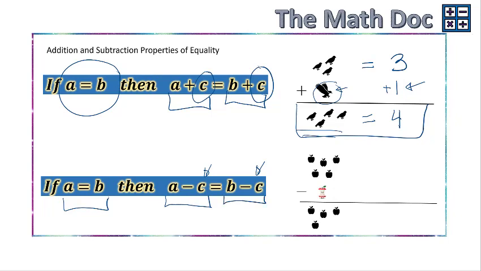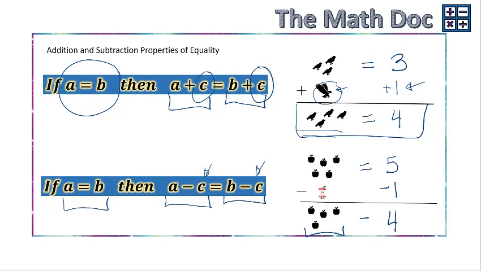And here again, we have a demonstration with items. So here we have 1, 2, 3, 4, 5 apples. So let's write the equality. The apples equal 5. Now someone came and ate 1 apple here, so we subtracted 1 apple, right? So we have to subtract 1 from the other side too. We remain with 4 apples on the left, and when we do 5 minus 1, we get 4, right?